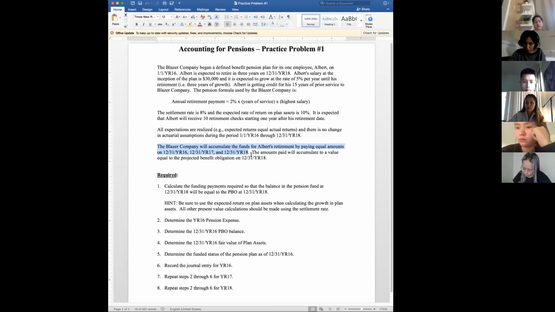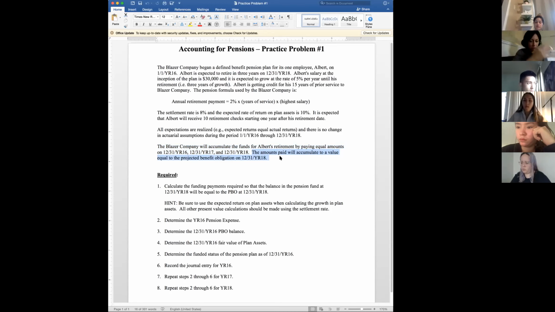And our job is to find out how much the company has to save each year on December 31, year 16, 17, and 18 to have enough for Albert's retirement. Okay? Amount paid will accumulate to a value equal to the projected benefit obligation on December 31/18. That is what I just explained.